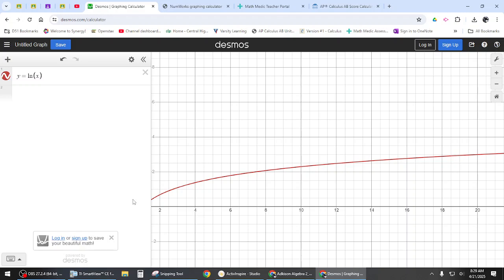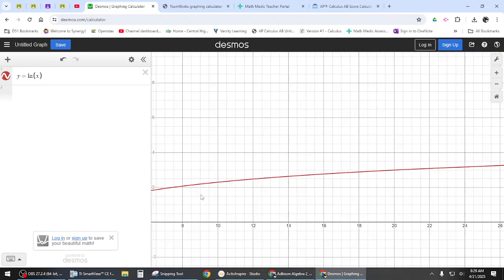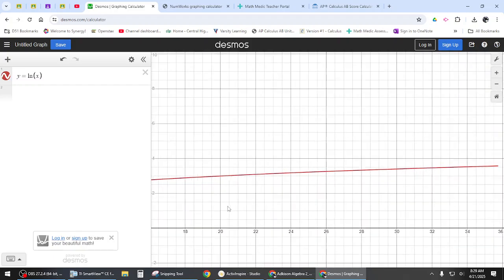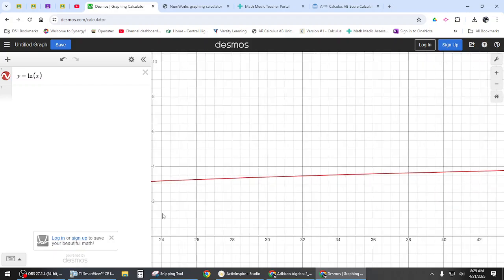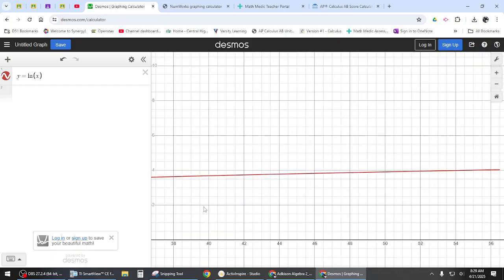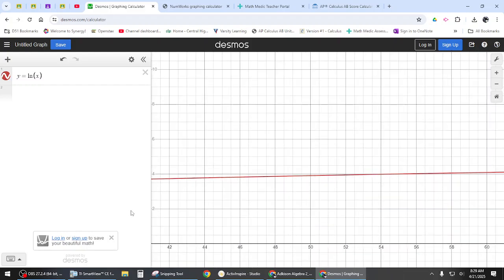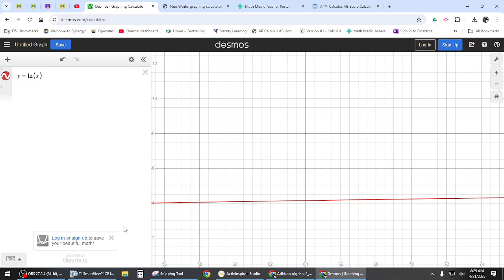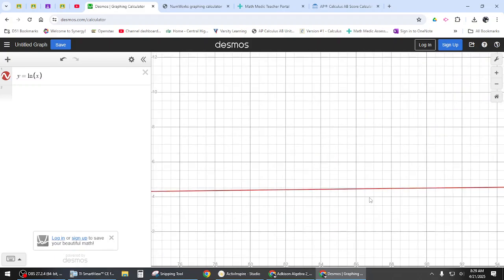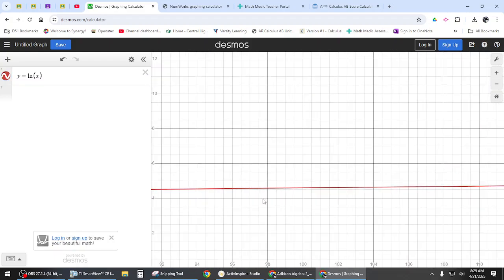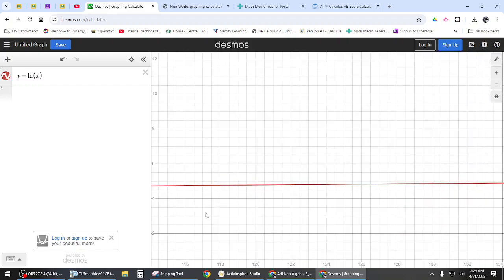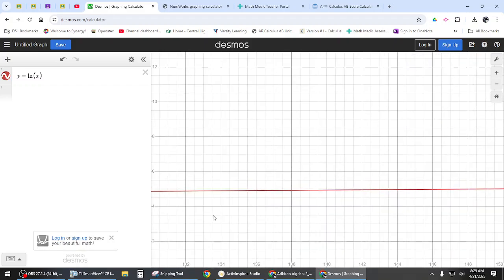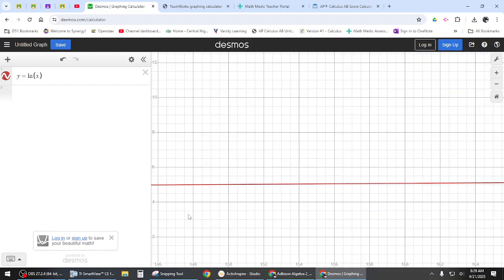It still goes up a little bit, but it looks pretty much straight.